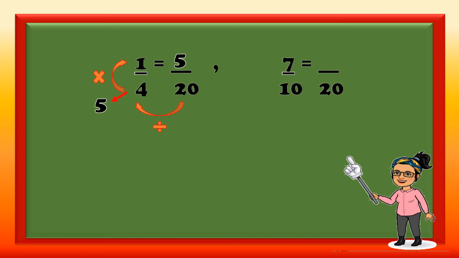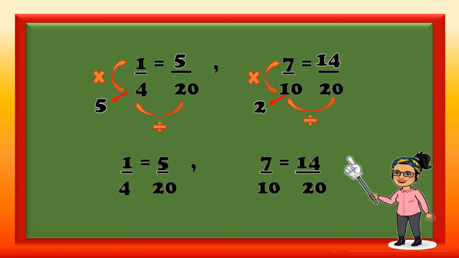So 1/4 will become 5 over 20. Next, we divide 20 by 10, and 20 divided by 10 is 2. And then we multiply 2 by 7. 2 times 7 is 14. So 7 over 10 will become 14 over 20.